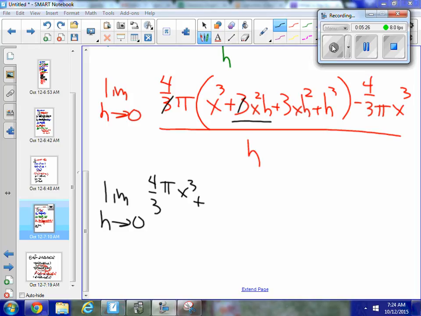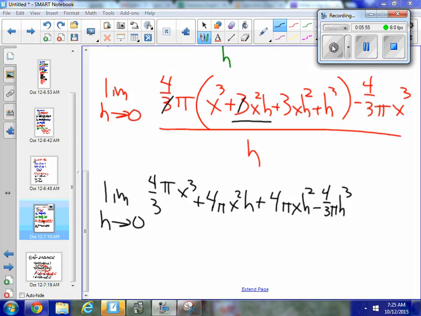So I'm going to get plus 4 pi x squared h plus 4 pi x h squared plus 4/3 pi h cubed.